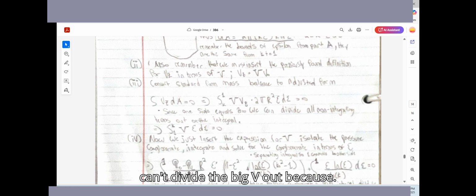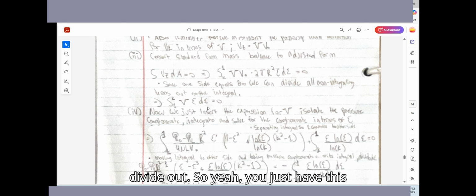And you can't divide the big V out because it has epsilon in it, and you've got to integrate. All these 1, 2, 3, 4 are constant values, so that's why you can divide them out. But the big V and the epsilon you cannot divide out.